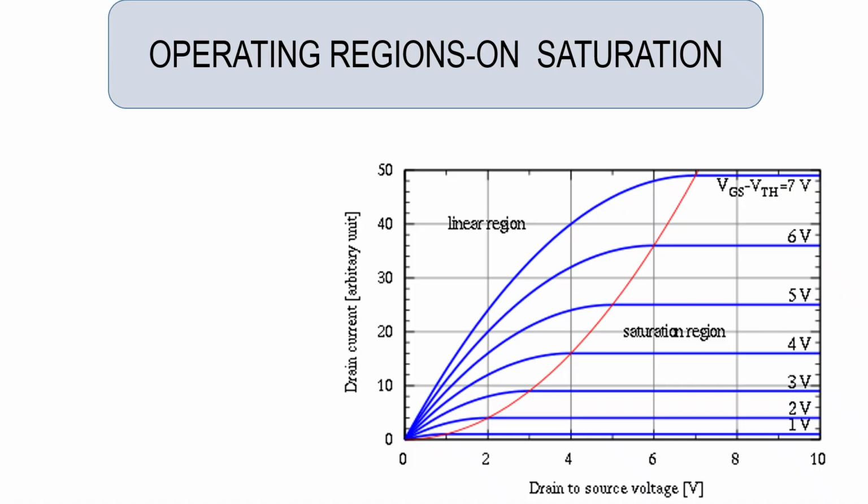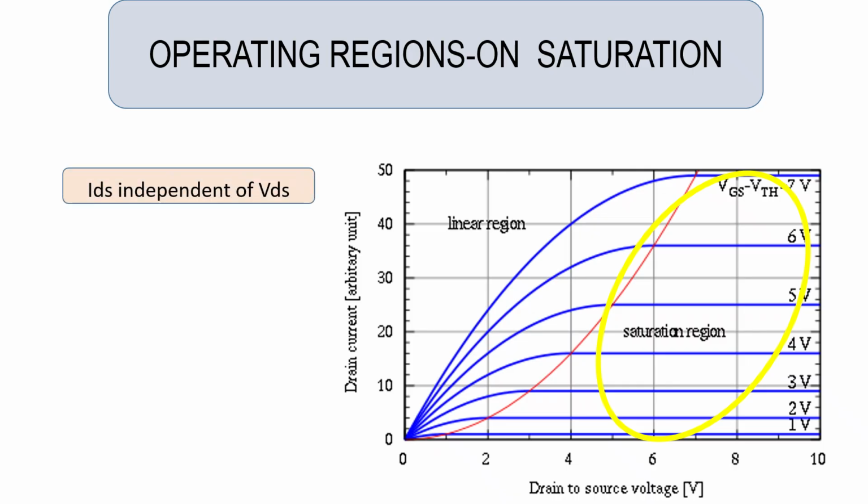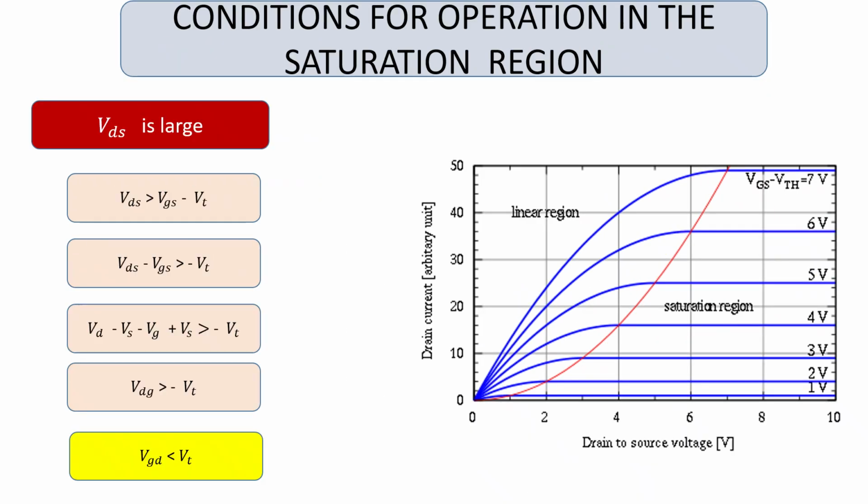The operation in this region is called the saturation region. So beyond the pinch-off point, the current is constant, irrespective of any changes in VDS, or IDS is independent of VDS. Can we say that the current has saturated? That's why this region is called the saturation region.